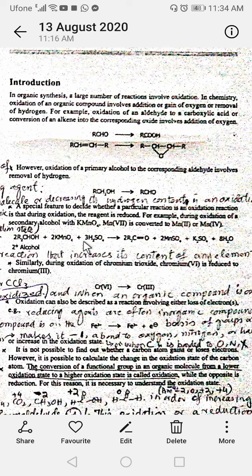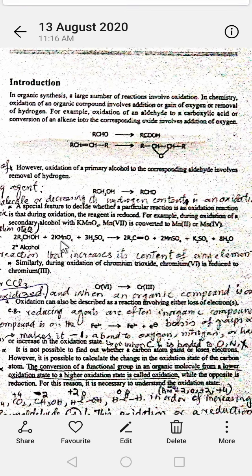So the net oxidation state of the Mn is +7 in this KMnO4, and in MnSO4 the oxidation state of the Mn is +2.